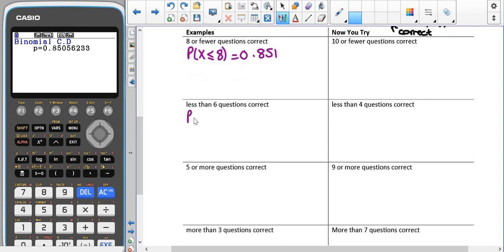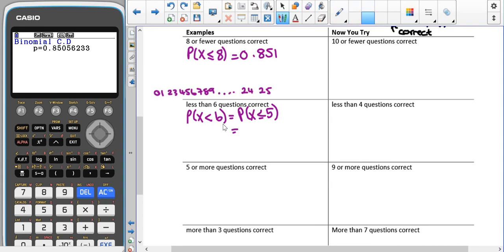Next, we're looking at the probability of getting strictly less than 6 questions correct. Remember that we can't put this directly into our calculator because we can only do less than or equal to's or greater than or equal to's in the new calculator. So we're looking at the probability that X is less than or equal to 5. And again, if you're struggling with that, think about the number line: 0, 1, 2, 3, 4, 5, 6, 7, 8, 9, and that'd continue all the way up to 25 because that's how many trials we've got.